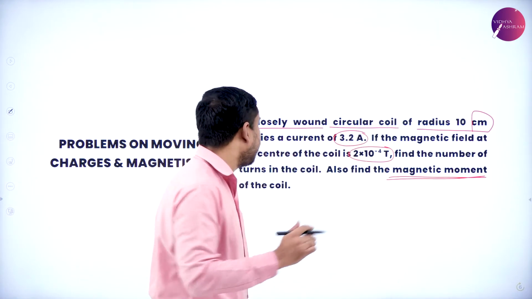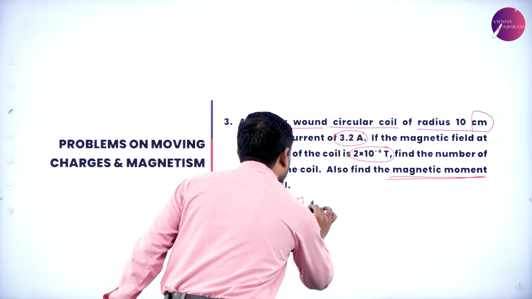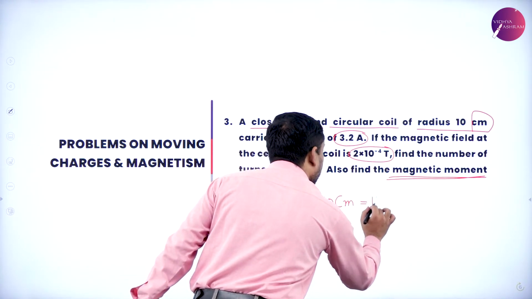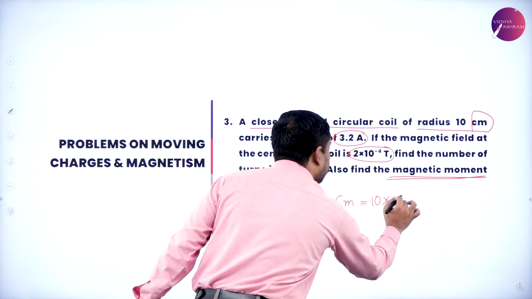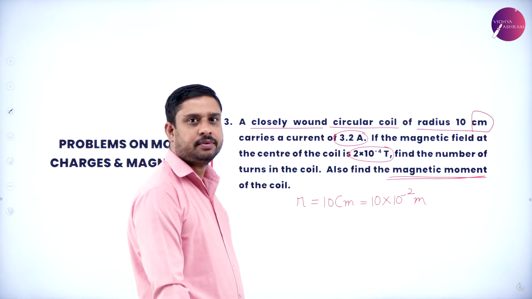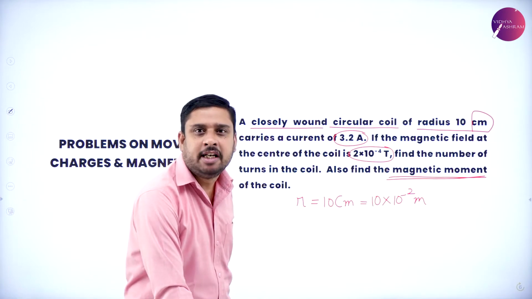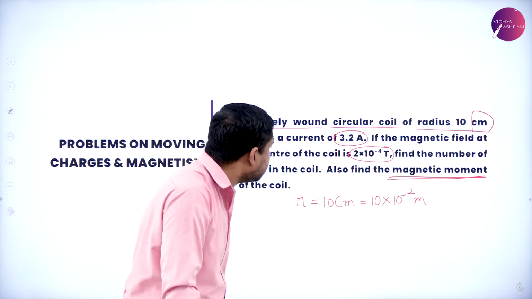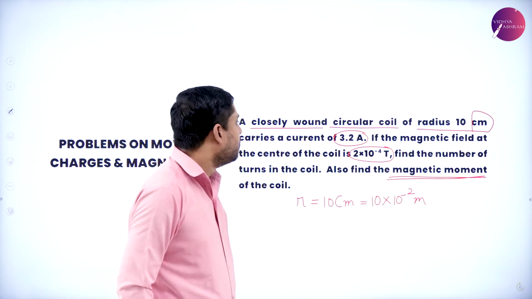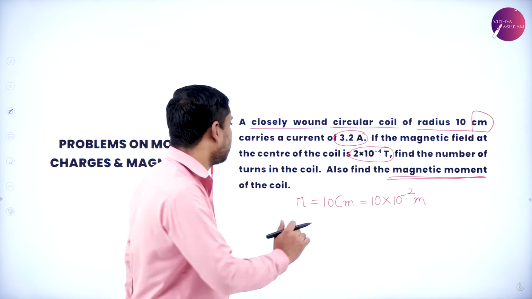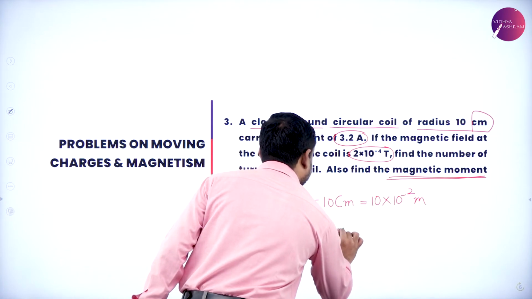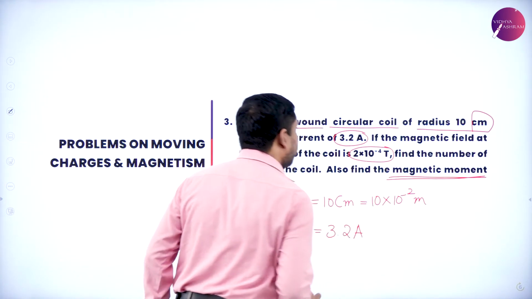Collect the data. The radius of the coil is 10 centimeter, which is 10 into 10 power minus 2 meter. And the current is 3.2 ampere.